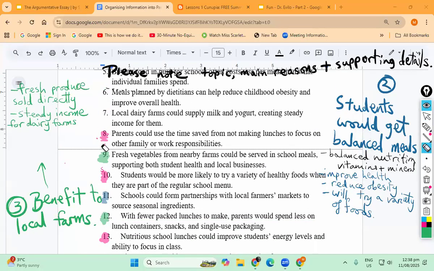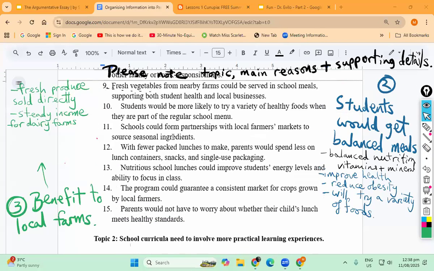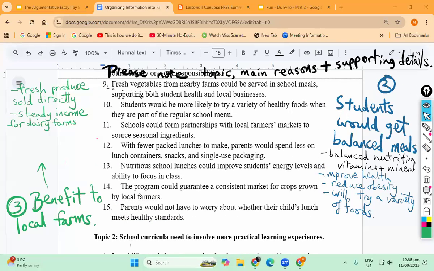Okay, what else we had down here? Time to get rid of these. Okay, we had gotten up to 9, that was on the above screen. Fresh vegetables from nearby farms can be served in school meals, supporting both student health and local businesses. Okay, so fresh vegetables, is that different from fresh produce? Could it be? Let's make it different.